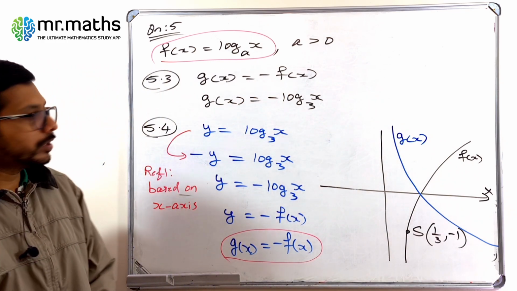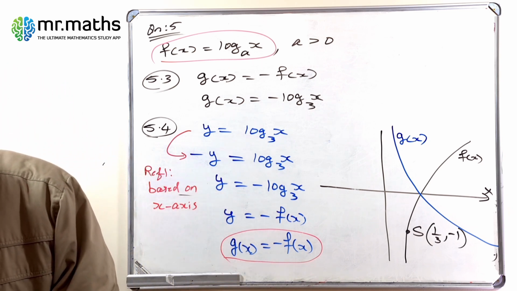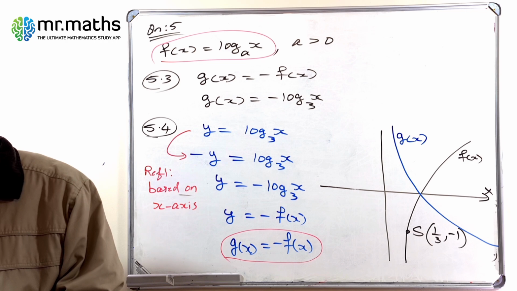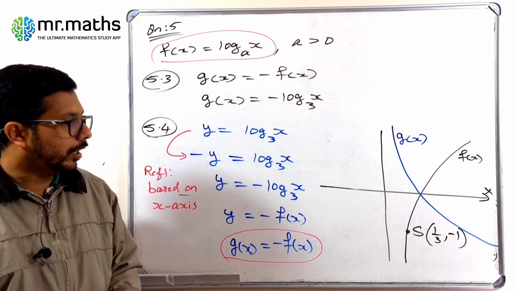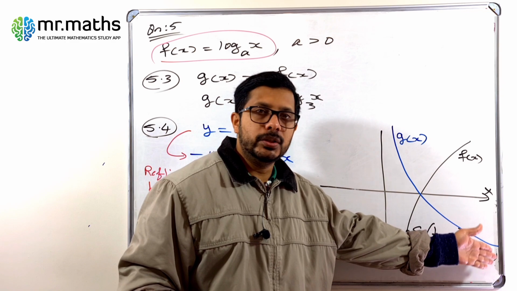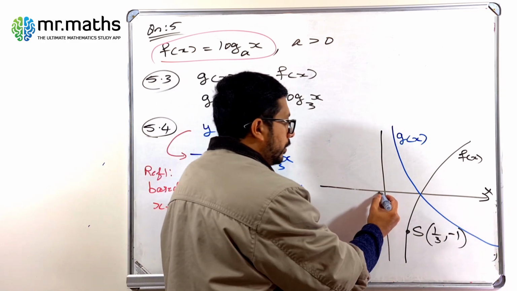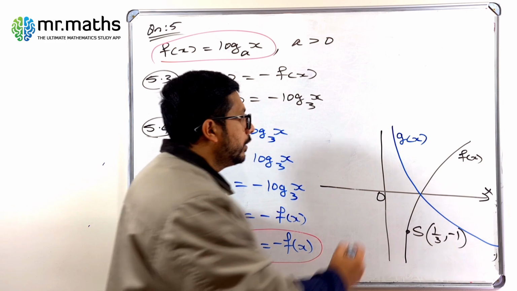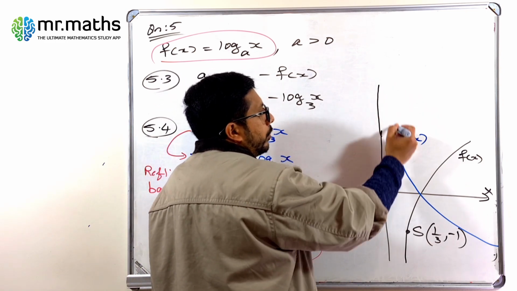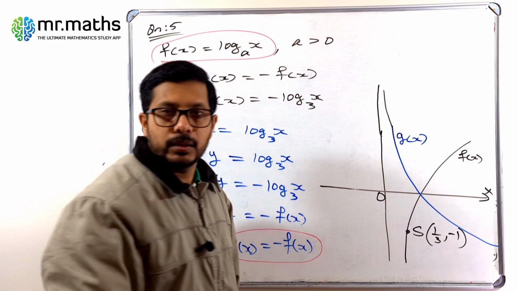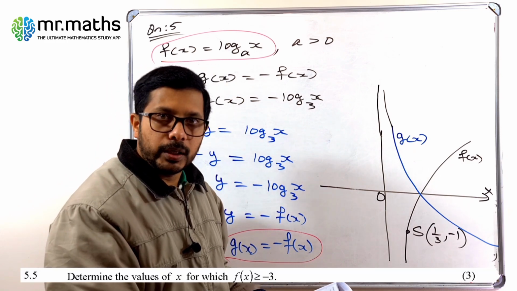Now look at the question. What is the question there? 5.4, write down the domain of g. Now we have to write the domain of this g of x graph. Here you can see this is the x value 0, and this one is never going to cross that y-axis. The domain means possible x values.